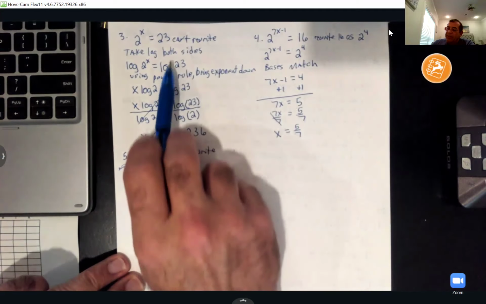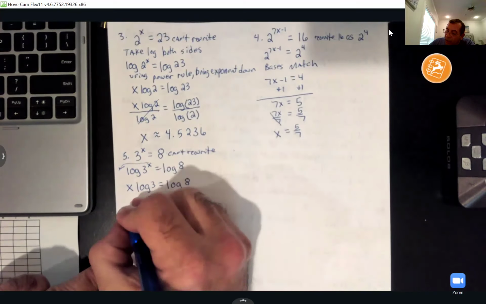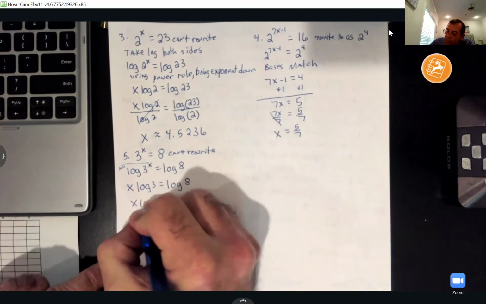And you'll notice it's the same process as that once you got them brought out. I'm going to divide both sides by the log 3. That's going to equal log 8 divided by log 3. Once again, put them in parentheses, remember, so that those will cancel in our x.